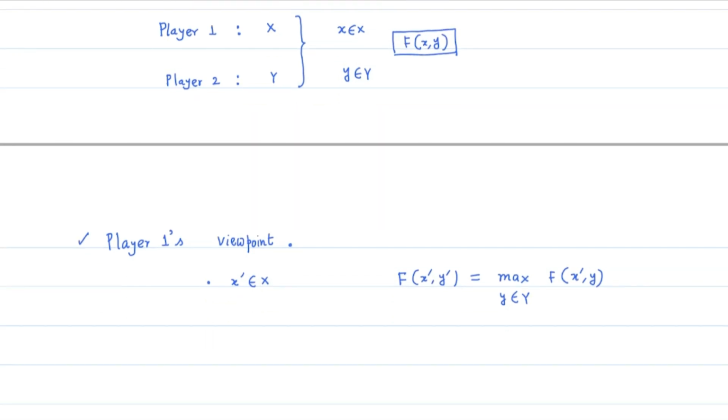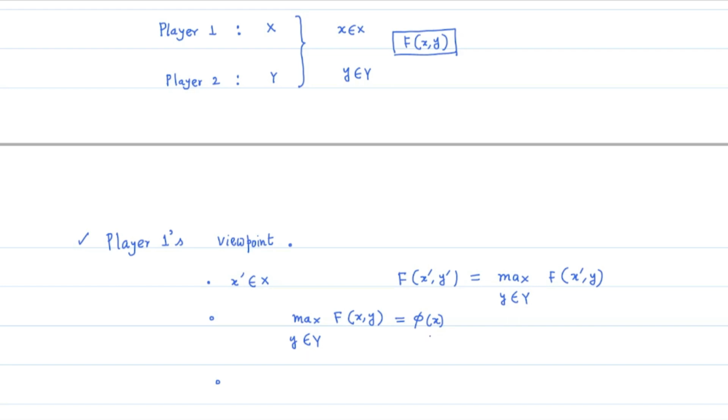So by varying this X', player 1 will then form a function, the maximum over the set capital Y for all possible values of x, which we note is a function of x. Let's suppose phi(x). So for each and every small x in the strategy set capital X, player 1 will figure out this value phi(x), and player 1 will choose that particular value of x for which phi(x) is the minimum value, right?